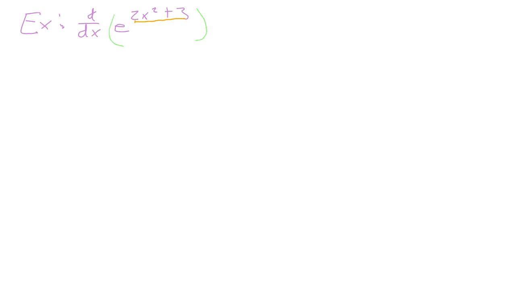So we can think about this where our inner function is going to be 2x squared plus 3, and we can think of our outer function as being just e to the x.